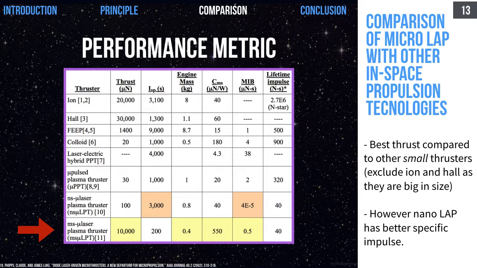However, if a specific space mission requires higher specific impulse, then nano LEP is better at it than micro LEP. However, in general, micro LEP has the best performance, or the best potential performance, among other small thrusters.